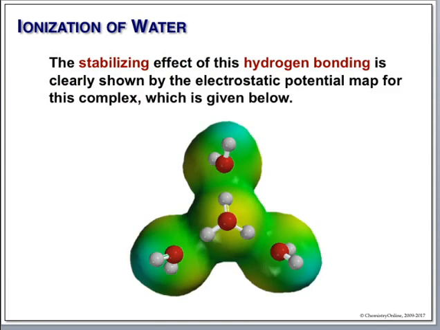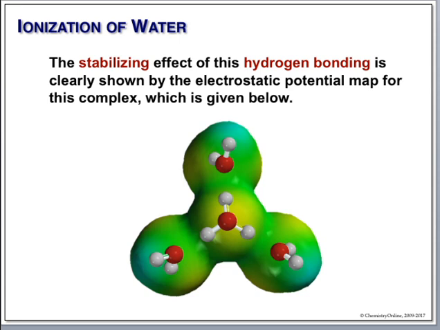Instead of our blue spot here, we actually have green and yellow now. And the whole point of this, once again, is that water itself is capable of dispersing this charge. That's why this happens. And water is the only thing we know of that can do this.